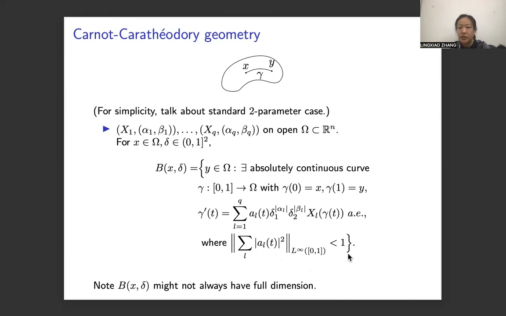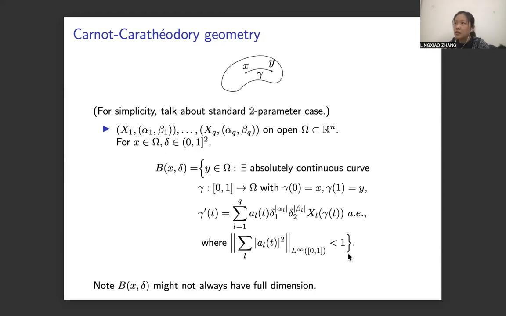Okay, with this definition, notice that if x1 through xq do not always span Rn, then the Carnot-Carathéodory ball Bx delta does not necessarily always have full dimension.